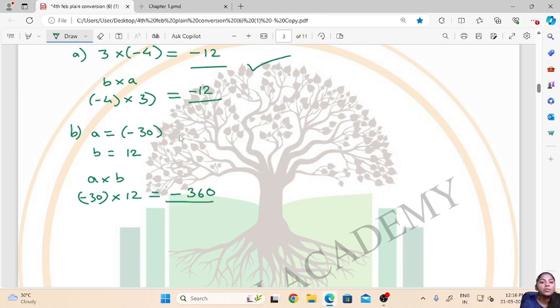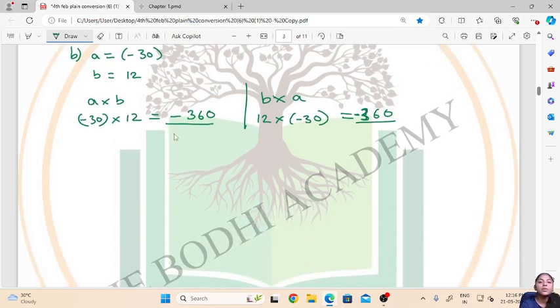And then we have to do b multiplied by a. So here it will be 12 multiplied by minus 30, and for this also we will get the same answer, that is minus 360. So even for this example the property is true.